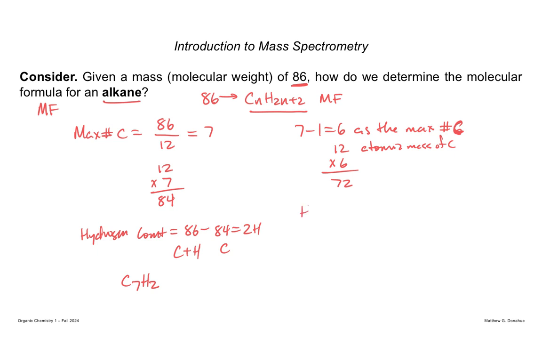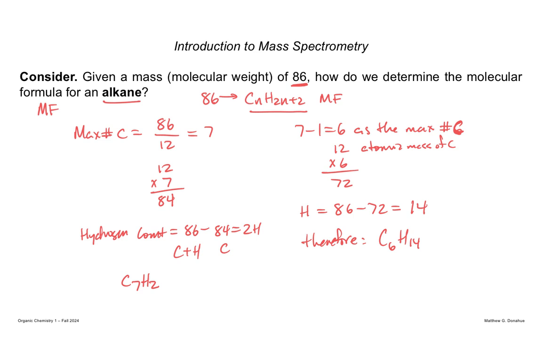The hydrogen count is then 86 minus 72, and that would get us 14. So therefore, we could propose C6H14. Then we could plug that back into the CnH2n+2 and say, okay, that obeys that rule. So that could be a molecular formula for an alkane.